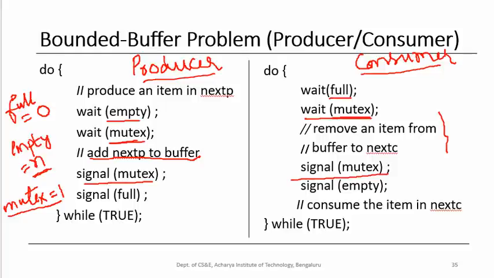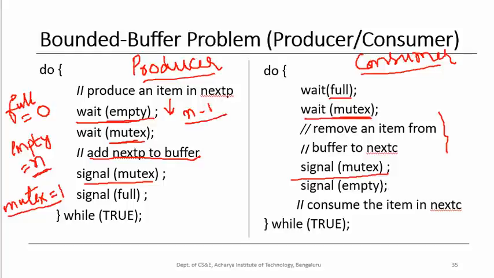Now let's discuss the producer first. What happens when wait on empty is executed? Empty is n initially. A producer is going to produce its first item, so the empty value is simply decremented by 1 and it becomes n minus 1, right?